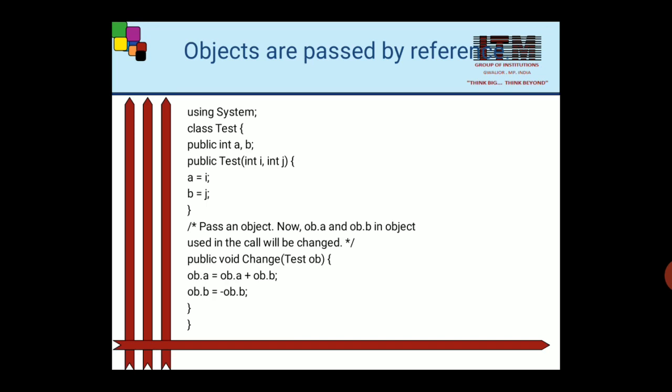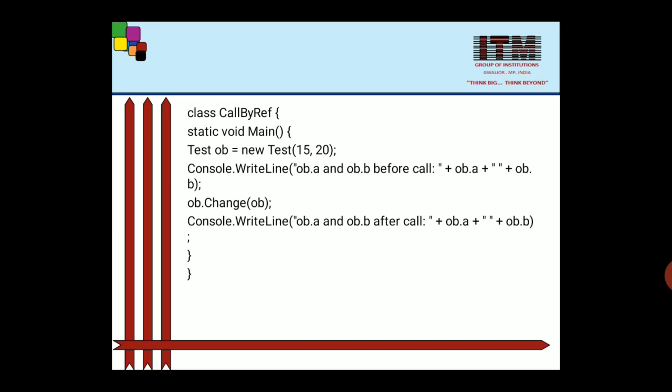To review, when a reference is passed to a method, the reference itself is passed by use of call by value, and a copy of that reference is made. A copy of that reference will still refer to the same object as its corresponding argument. So this means that objects are implicitly passed using call by reference.